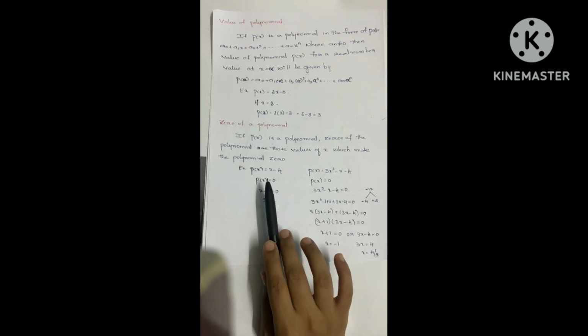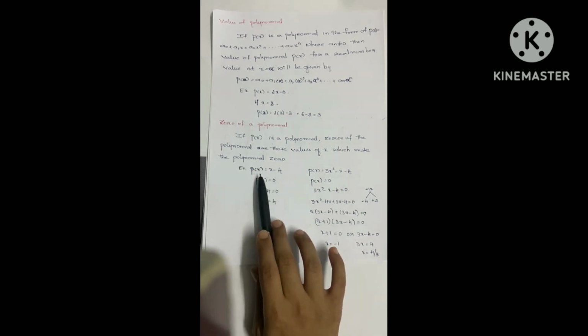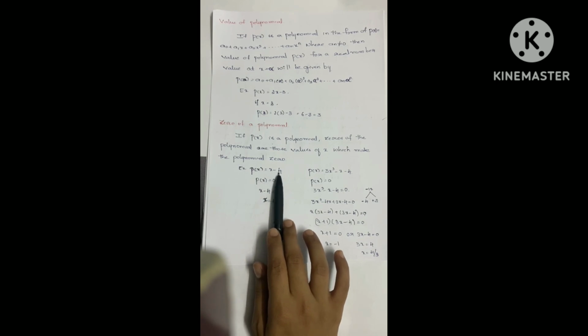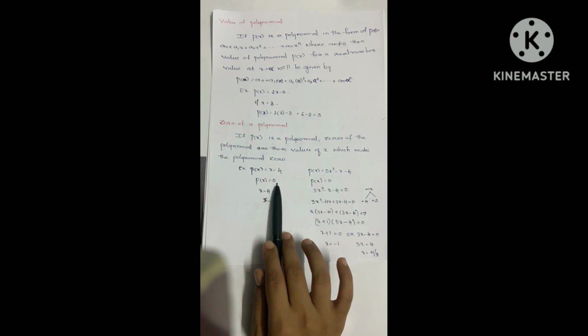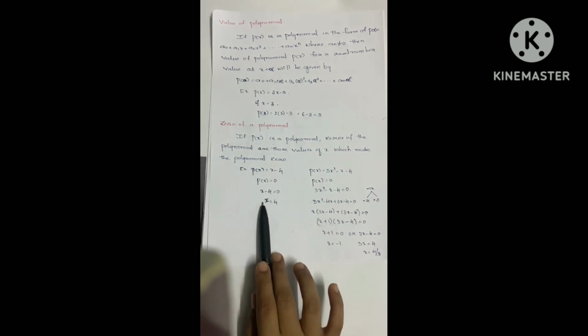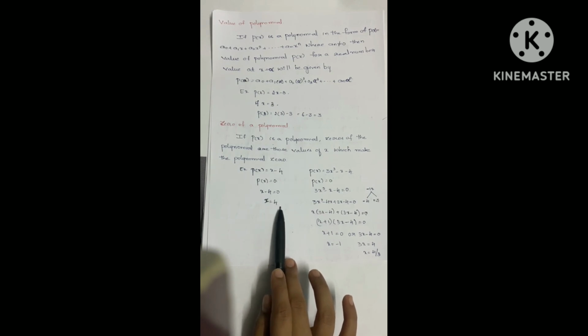Now we need to find the zeros of the polynomial. Then we need to equate the polynomial to 0 here, that is p of x is equal to 0. So x minus 4 is equal to 0, so x will be 4. So here 4 is the zero of the polynomial.